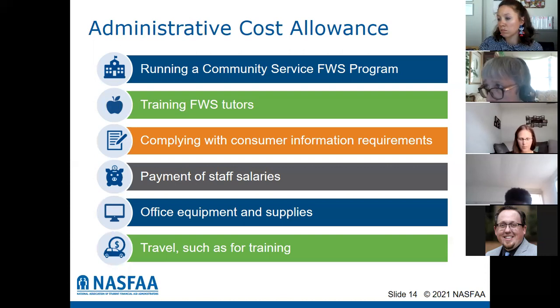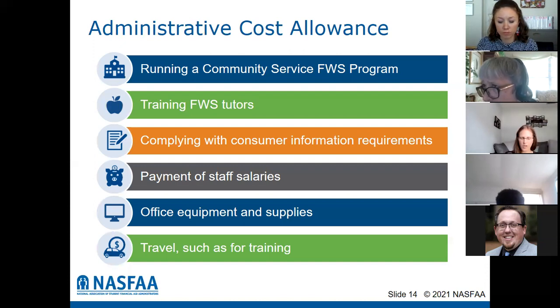I'll go through each one and we can decide yes or no. I'll go over it again. You're spending less than your projected federal work-study allocation, and based on your current payroll trend, you're going to have more than 10% of your allocation remaining. You don't want to have to return any of the funds, which is a requirement: if you don't use all your funding, you have to return it.